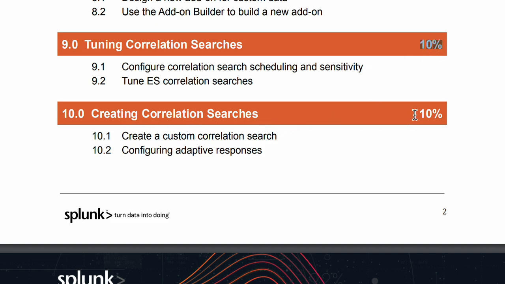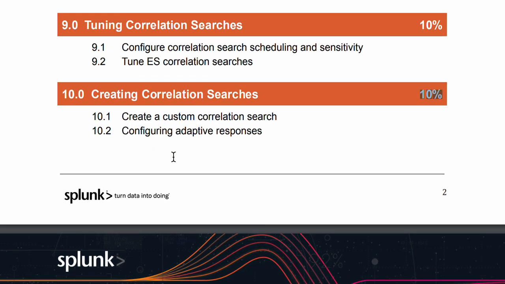Creating correlation searches will cover 10% again. If you know about creating searches, it's similar to that. You can create your own correlation searches. Create adaptive response: an adaptive response is nothing but an action you are going to take after your condition is met. There are a number of adaptive responses.